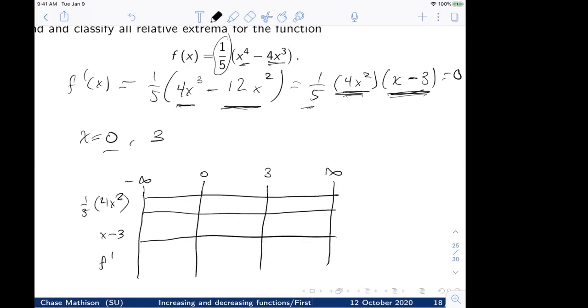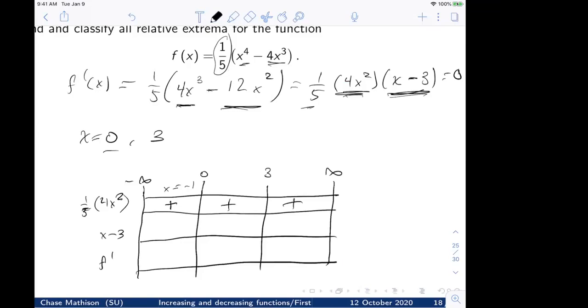Okay, so what sign does 4x squared over 5 have between minus infinity and 0? Well, we should pick a test value, right? So what test value should we have? -1. Very good. So what sign does 4x squared over 5 have? Yeah, very good. Thank you, Saba. It's a squared thing times 4/5, so we're going to have positives all the way across this row, right?